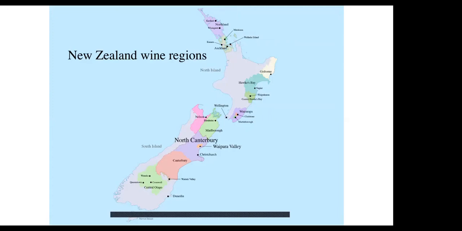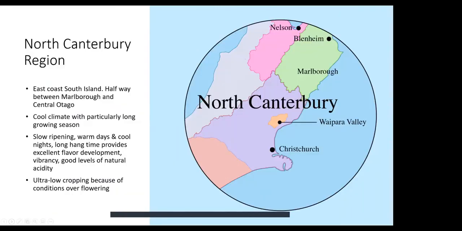So they actually have a shorter growing season in Central Otago, just because of where it's located. It's not influenced by the ocean, and so they do get quite high spikes of temperatures through the growing season there. So we'll just move on to the next slide, which has a close-up.